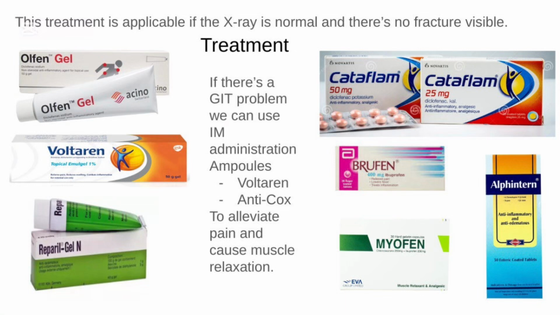All these medications are non-steroidal anti-inflammatory drugs, and in medical practice we usually give one gel or cream to apply in order to alleviate the bruising, and one oral medication in order to alleviate the pain and cause some muscle relaxation.